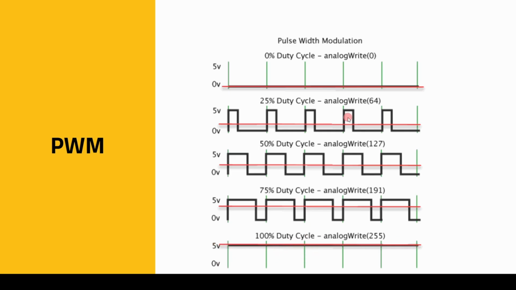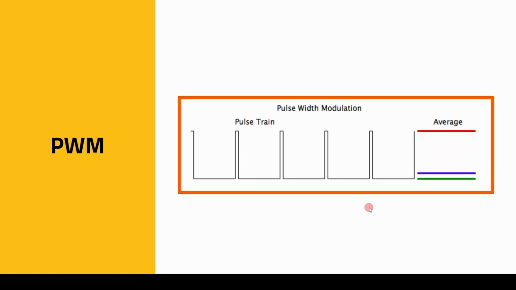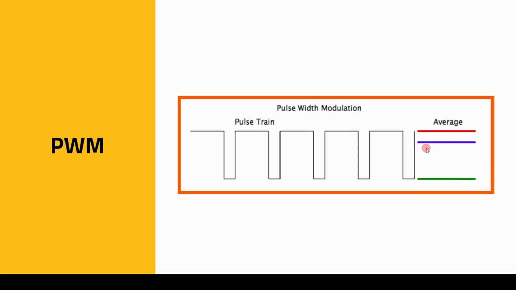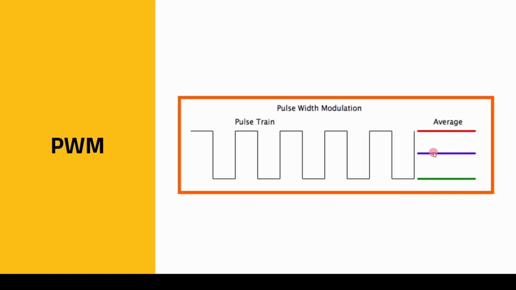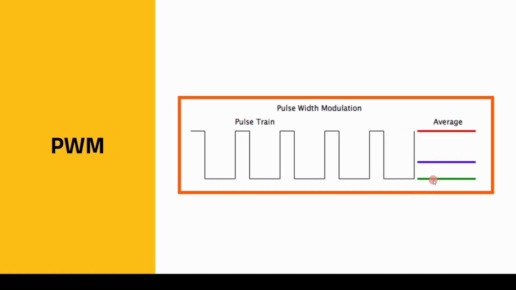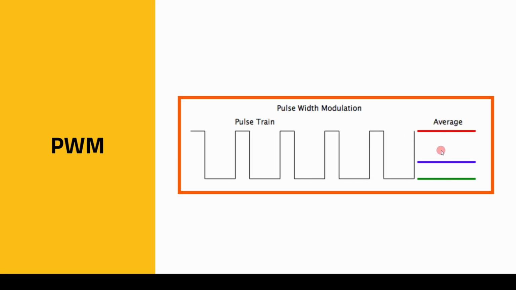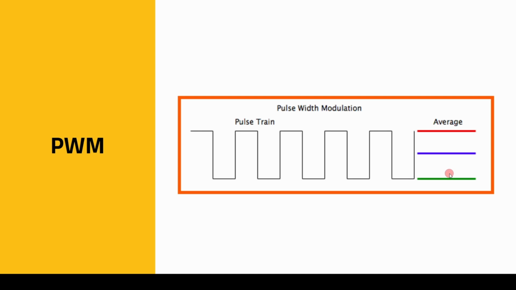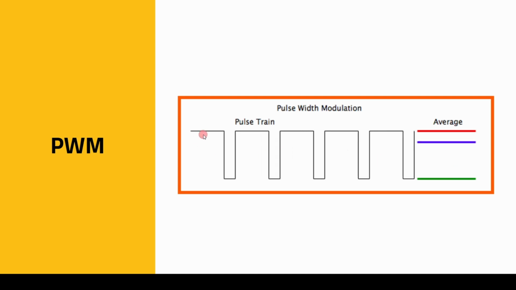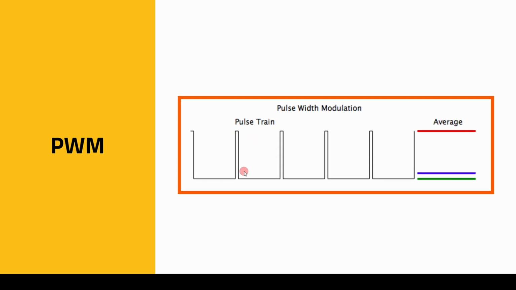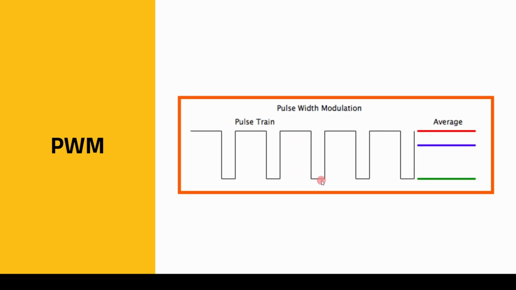So that's how you get a sort of analog by using just digital signals. And here's a representation of what happens. The blue line is your analog write value. So when it reaches green, it's at 0. When it goes to red, it's at 255. And as it moves between those two values, up and down, you can notice that the duty cycle of this pulse width train is changing.